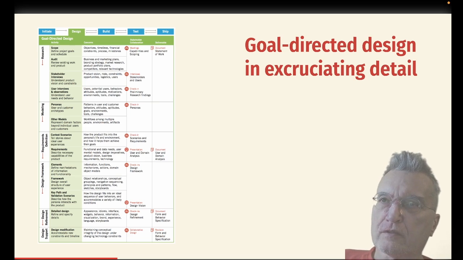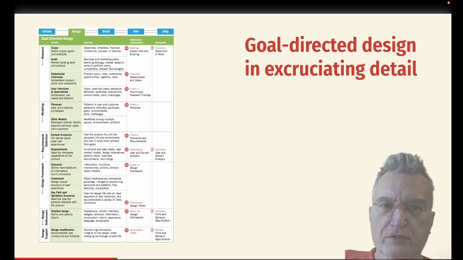By the way, this image and a couple of the previous images are from the book About Face 4.0, published in 2014 by Cooper and Ryman. Can't remember how you pronounce their name. Very valuable book for the design process, for the goal-directed design process.